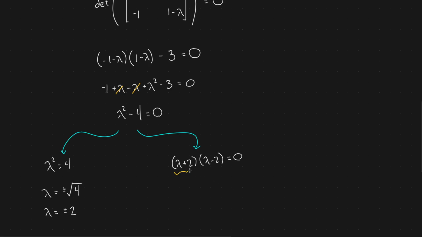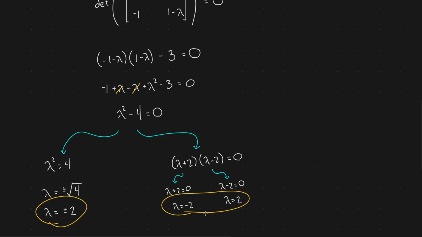The only way I can multiply two things together to get 0 is if one of those two things is 0. So either lambda plus 2 equals 0, in which case lambda equals -2, or the other way I could make this work is if lambda minus 2 equals 0, in which case lambda equals +2, okay?